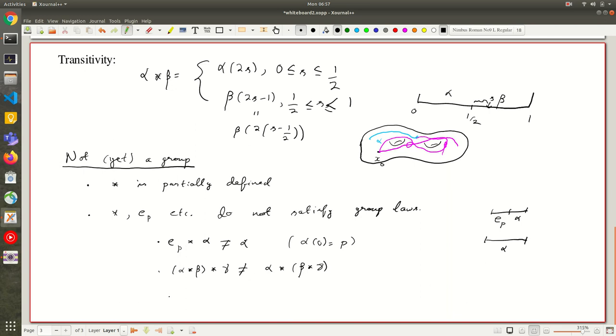And that is because if I look at alpha star beta star gamma, first of all we have broken into two halves and called this part gamma, and then we break this into two halves. So alpha and beta go at 4 times the speed for only quarter of the length, and gamma goes for half the length. And here we have alpha going for half the length, and then we have beta and gamma here.